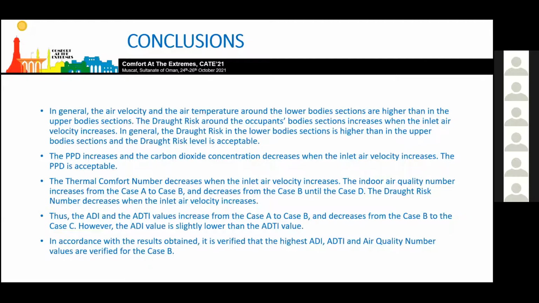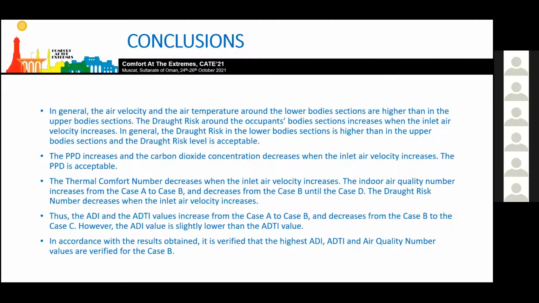The predicted percentage of dissatisfied people that is used to evaluate the thermal comfort, and the carbon dioxide concentration that is used to evaluate the indoor air quality, decrease when the inlet air velocity increases. The thermal comfort is acceptable. The indoor air quality is near the acceptable values.